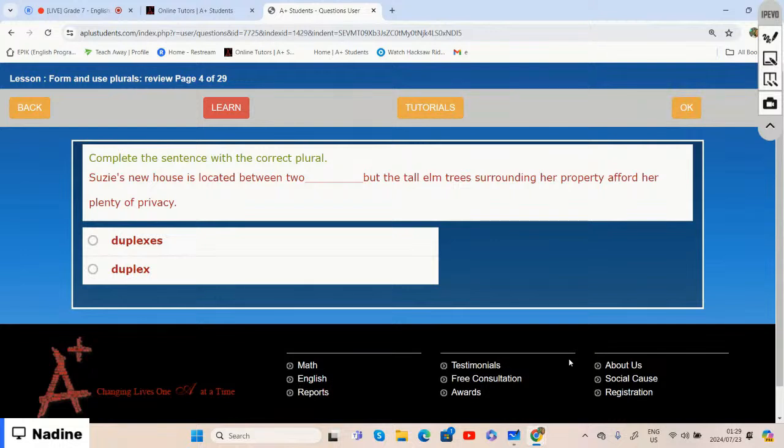But the tall elm trees surrounding her property afford her plenty of privacy.